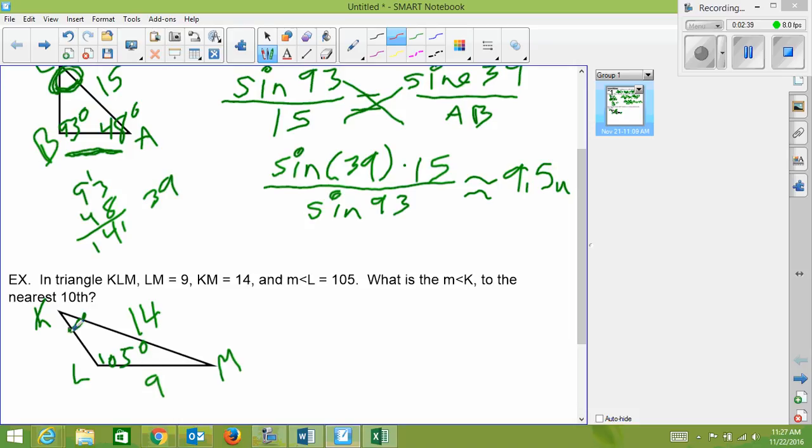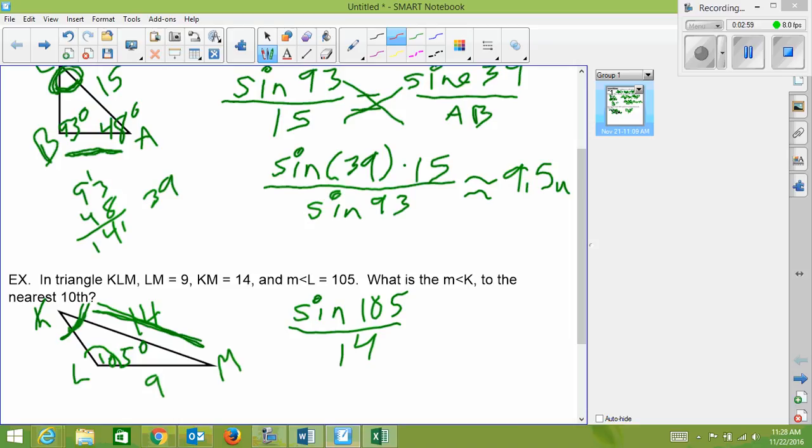Okay, so I'm going to set it up again, similar to the other one that I did. The measure of angle K is going to be sine of 105 over 14. That's this angle, this side.